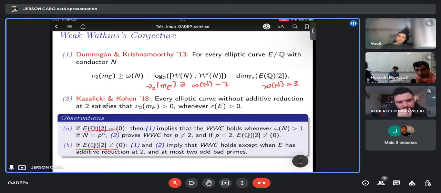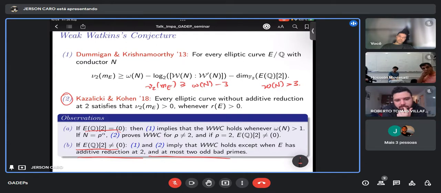So we only need at most 3 bad primes, and one of them should be 2, because 2 covers every other case. So we have at most 2 odd bad primes.